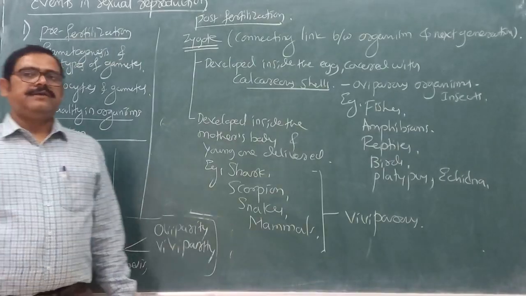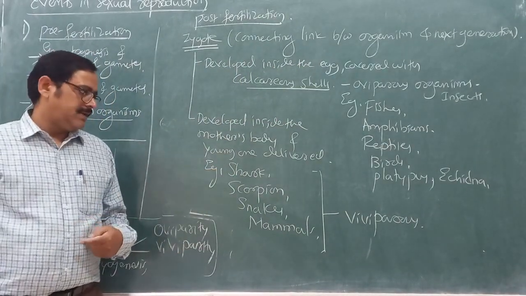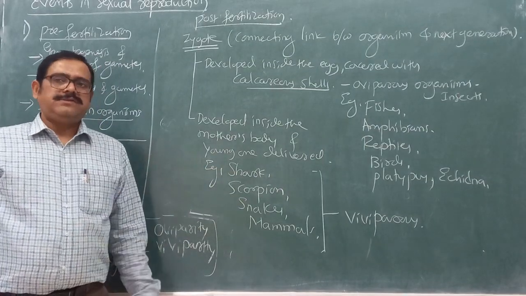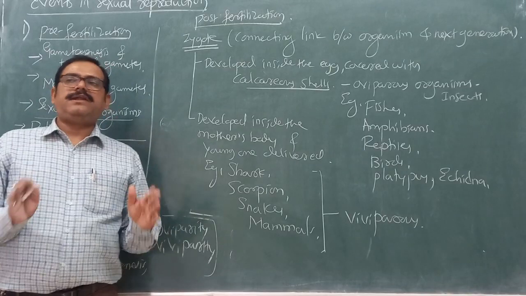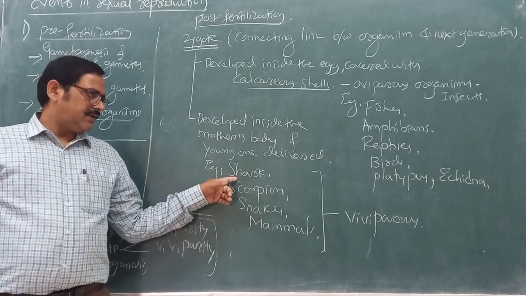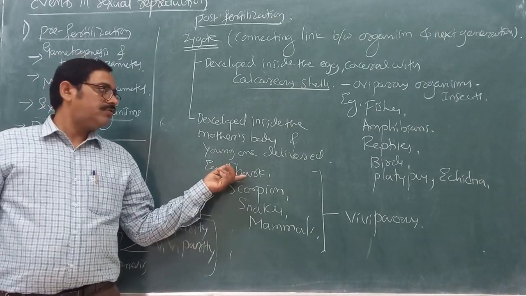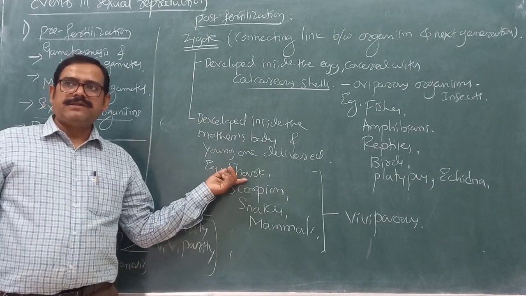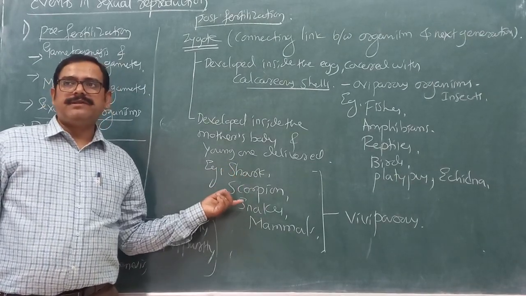Okay. So when they give birth to the young one, they are viviparous. But there is an exception with the shark, yes, with the snake. Inside their womb, they have sufficient nutrition, they retain the embryo, nourish it and deliver. As such, they are also called as ovoviviparous, means egg is stored inside, young one is developed inside. As such, it is not like that of a mammalian embryo developed inside.